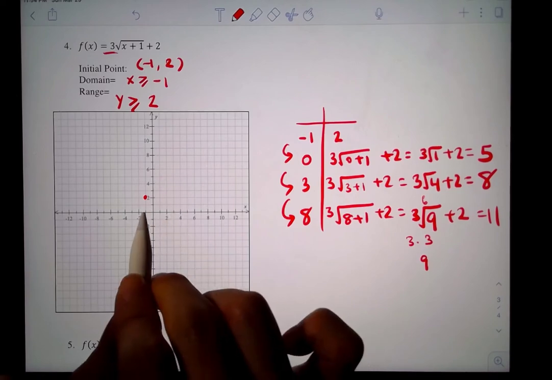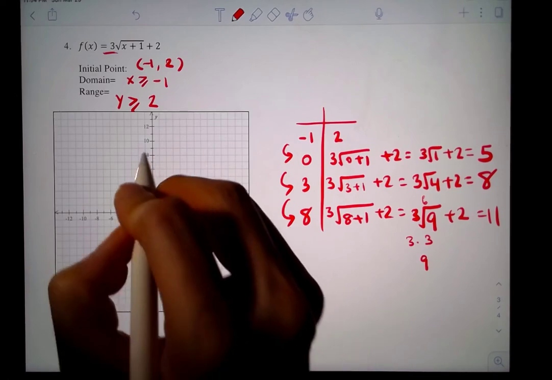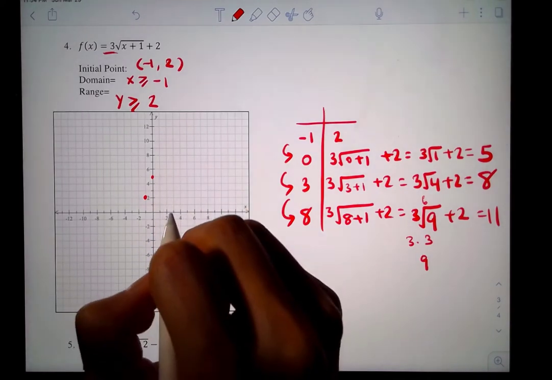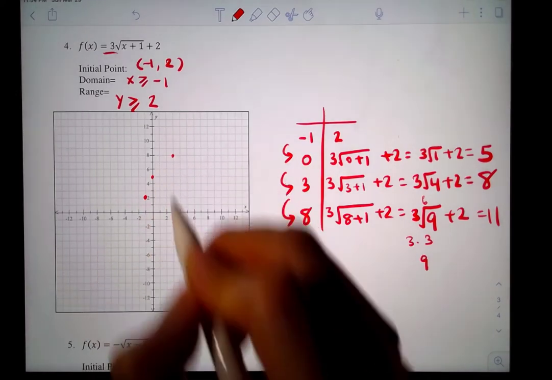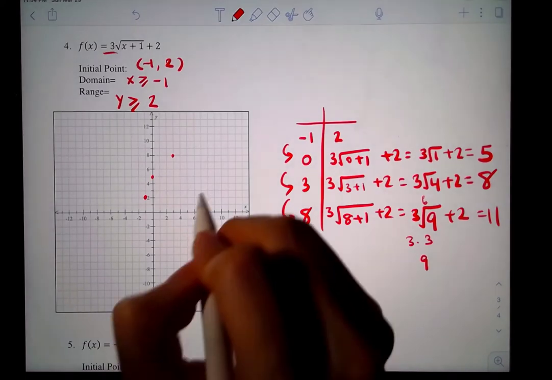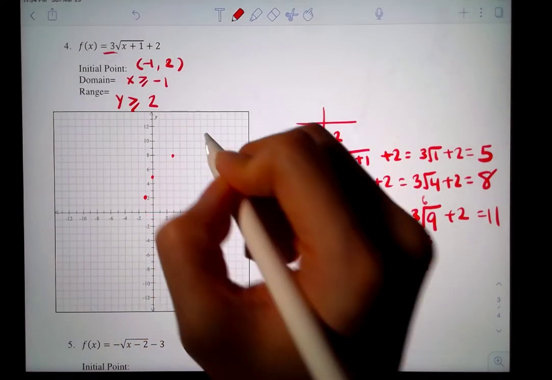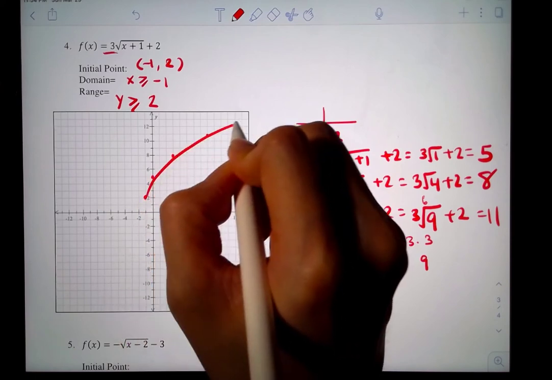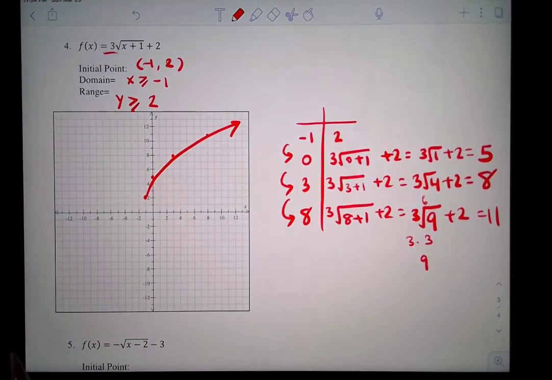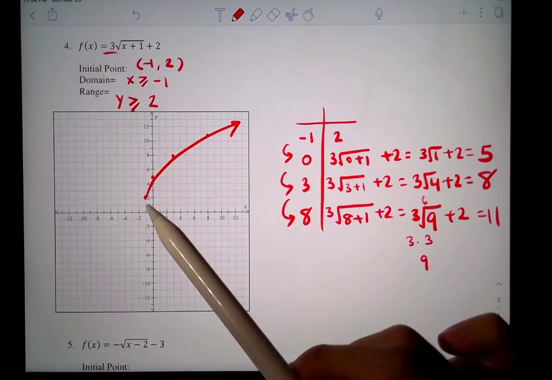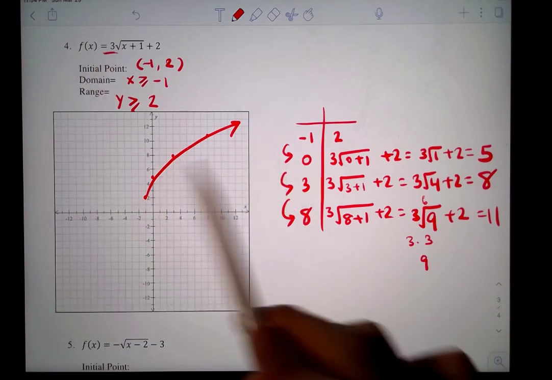So negative 1, 2, 0, 5, 3, 8, 8, 11, like this. You see this? So when you get a bigger number here, then the graph is increasing more.